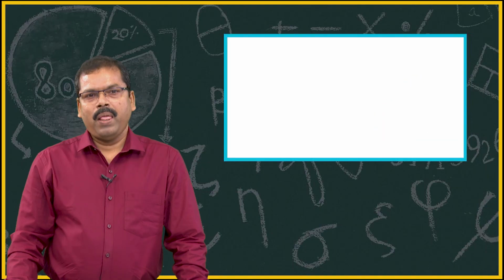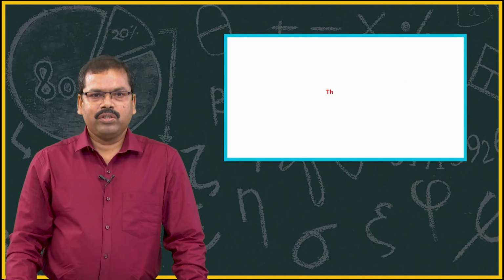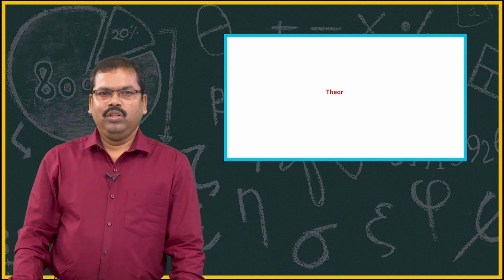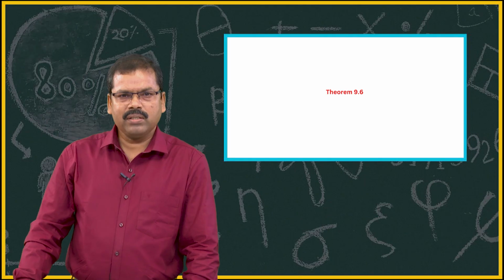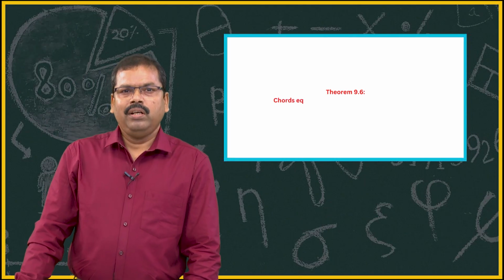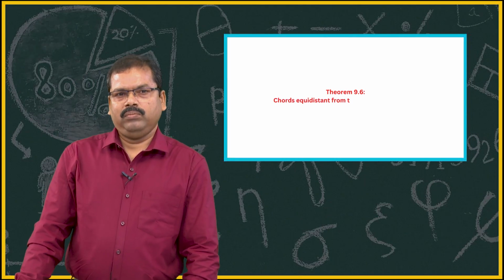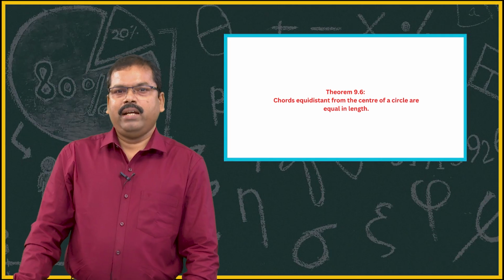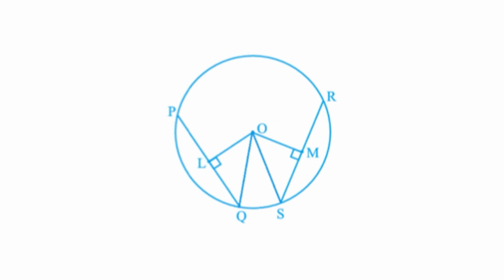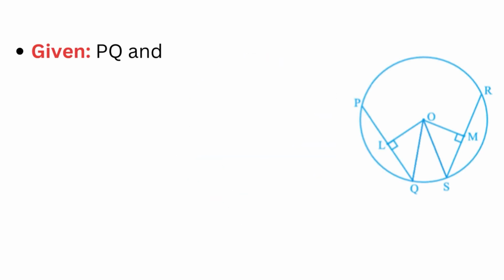Now, students, we will proceed to the next theorem, that is Theorem 9.6. What is Theorem 9.6? Chords equidistant from the center of a circle are equal in length. Students, you observe the diagram. If you observe the diagram and read the statement of Theorem 9.6, what is given? It is given PQ and RS.